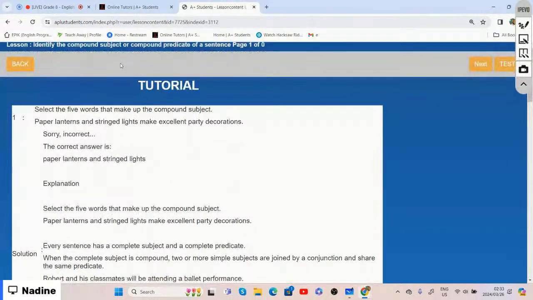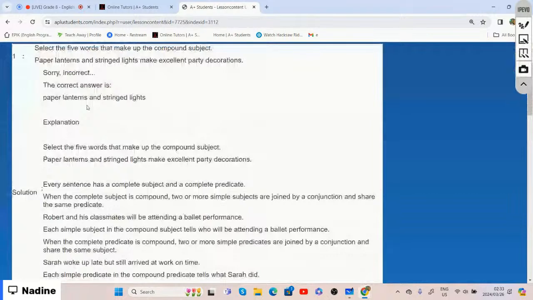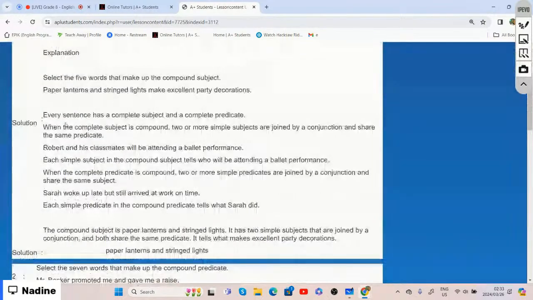When we have a complete subject that is compound, it means that we have two or more simple subjects that are joined by a conjunction and they share the same predicate. Our most common conjunctions are words like and, but, or so.